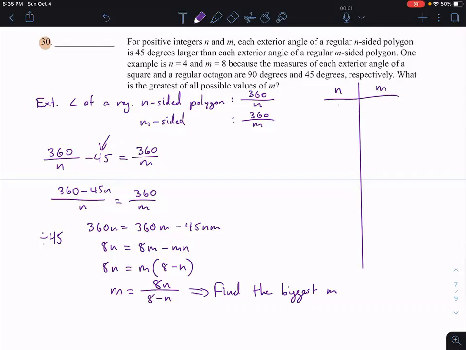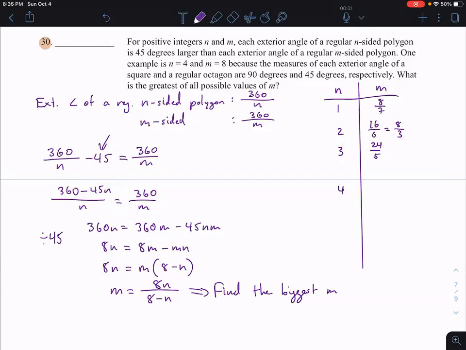So if n is 1, that means that m is 8 times 1 divided by 8 minus 1, so that's 8 over 7. If n is 2, then we have 16 over 6 or 8 over 3. If n is 3, we get 24 over 5.